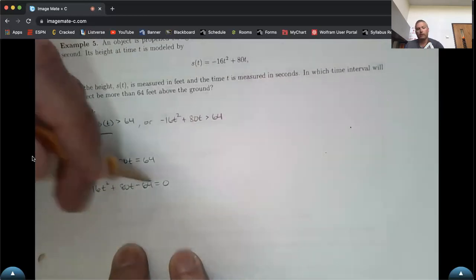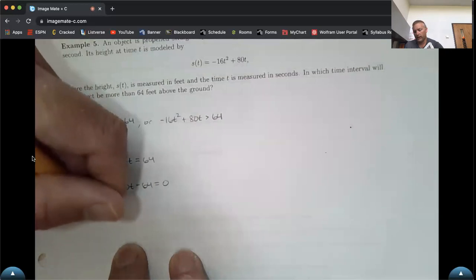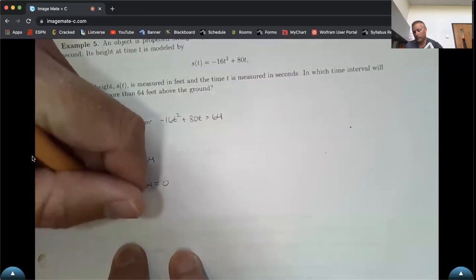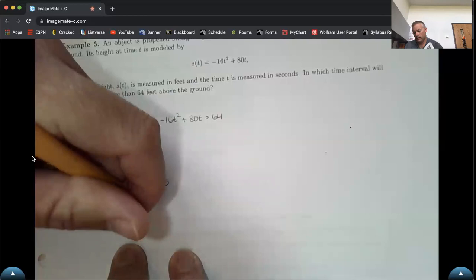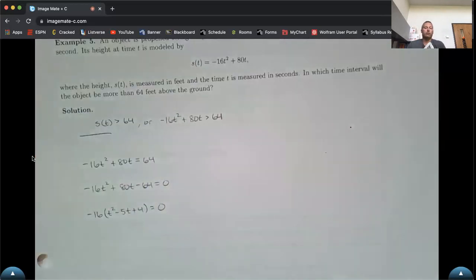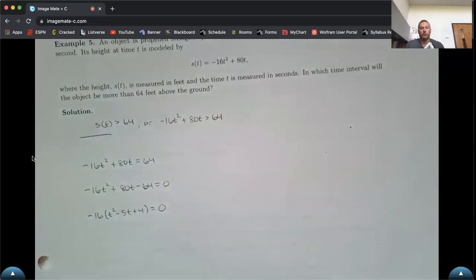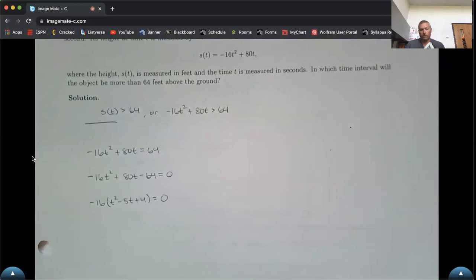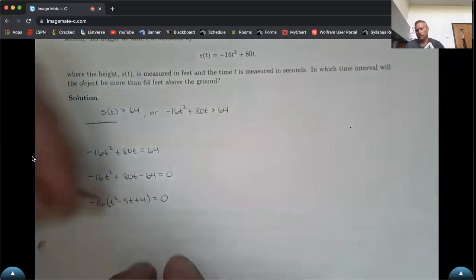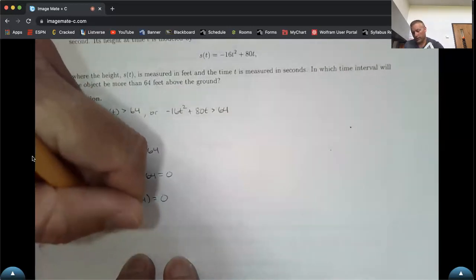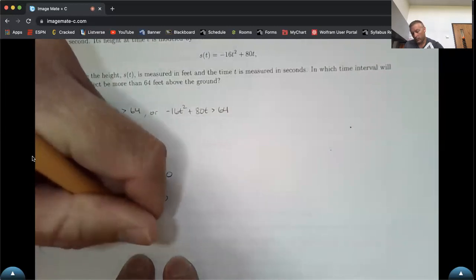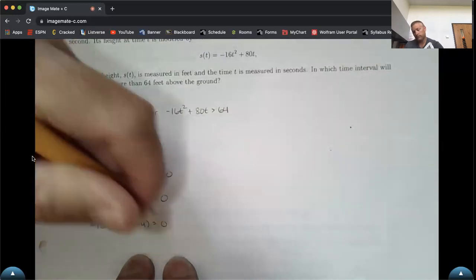Now, this can factor. First of all, you could take a -16 out of everything, leaving us with t squared minus 5t plus 4. Now, that expression itself factors as t minus 1 times t minus 4.